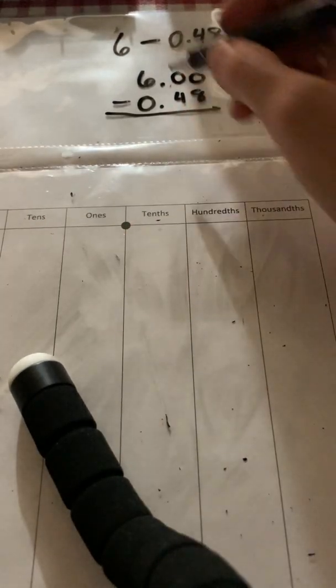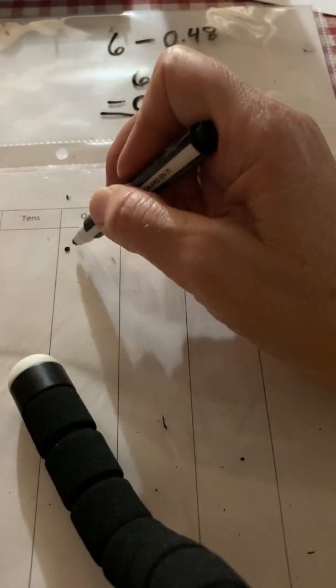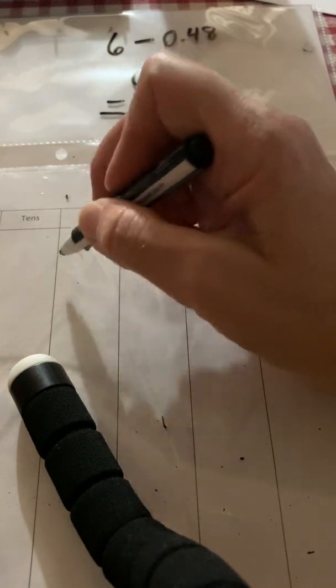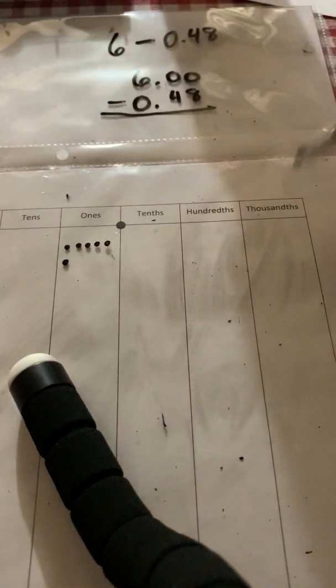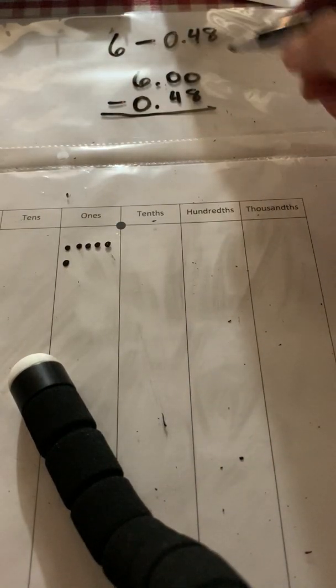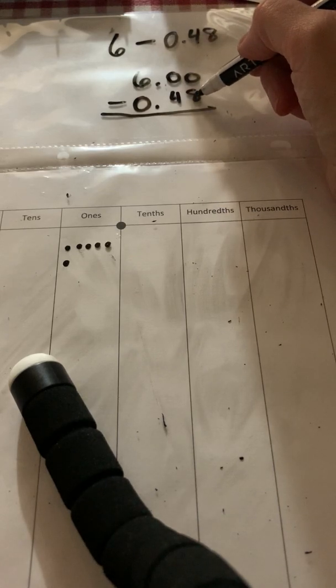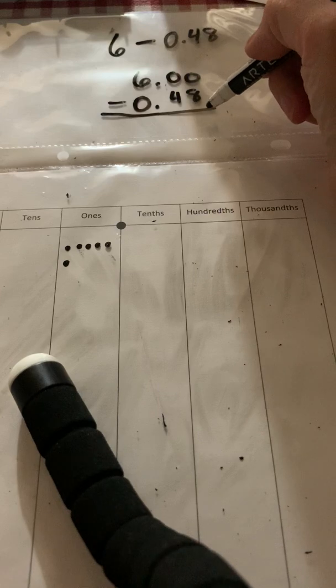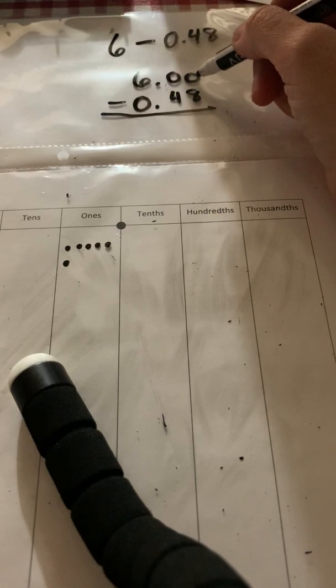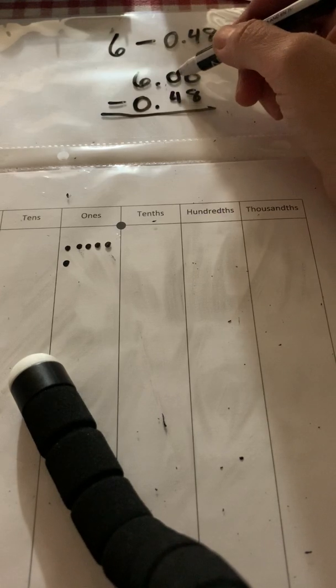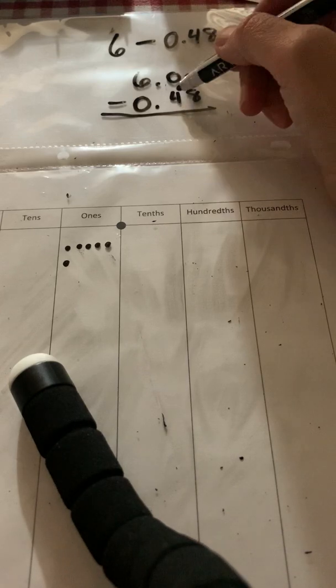The next thing I would do is use my chip model. I have 6 ones. 1, 2, 3, 4, 5, 6. Everything else is 0. I check my problem. 0 hundredths take away 8 hundredths. I can't do that. I need more hundredths. I look over in my tenths column, but it's a 0.